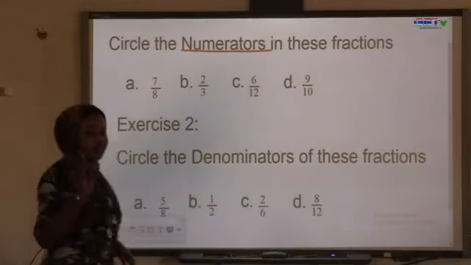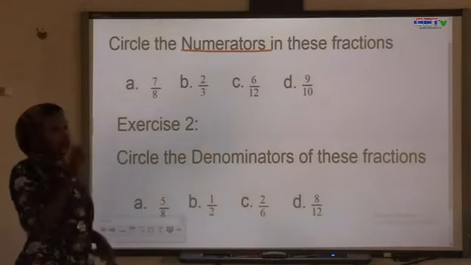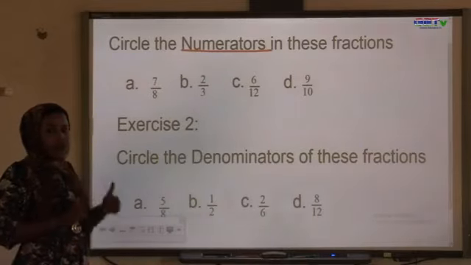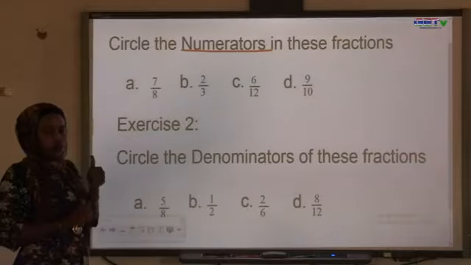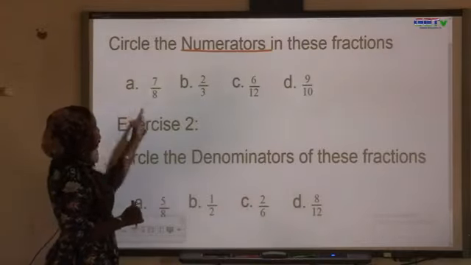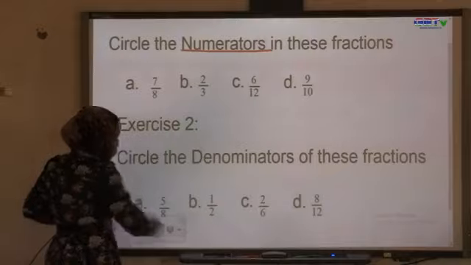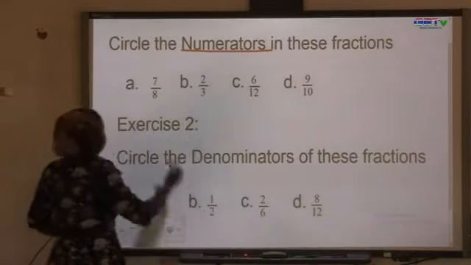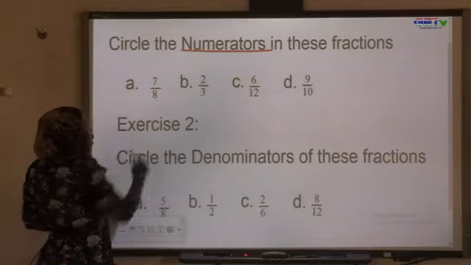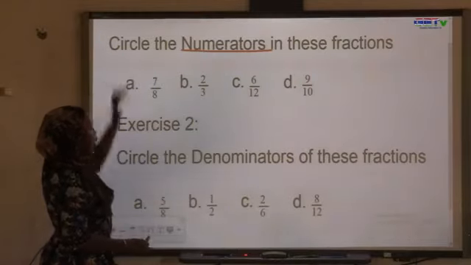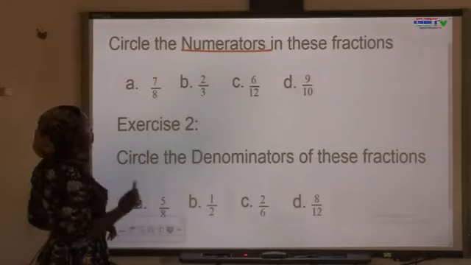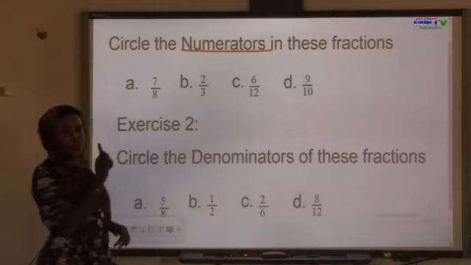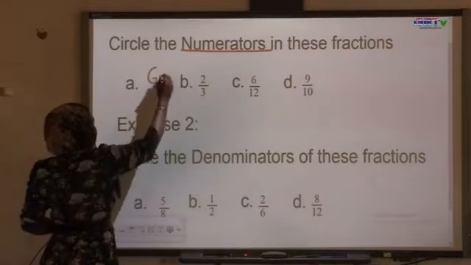And we have said that the number above the fraction bar is the numerator. Now if you look at A, this is our fraction bar, and the number above the fraction bar is 7. So 7 is our numerator in A. So we circle 7.